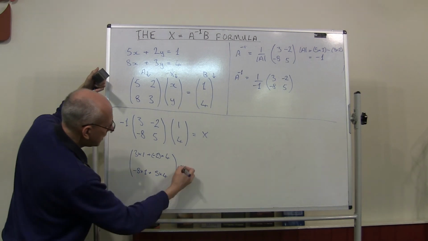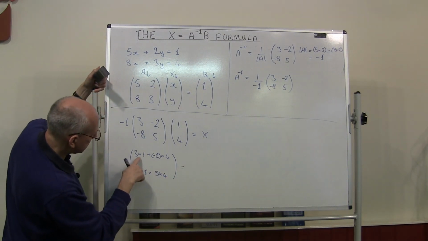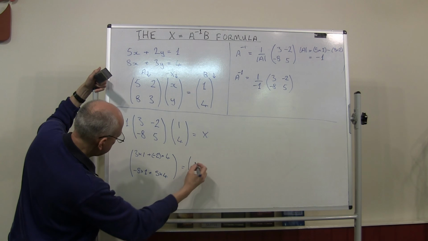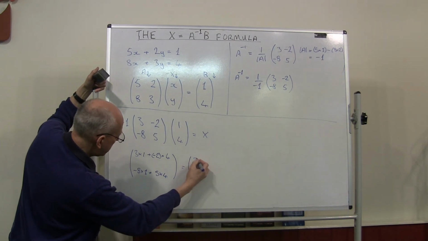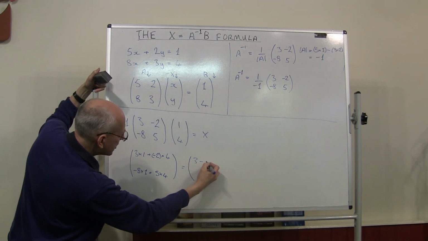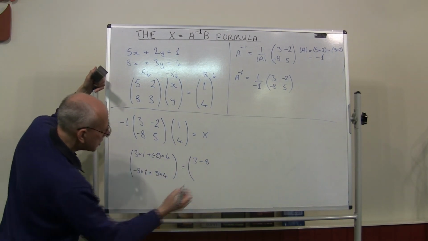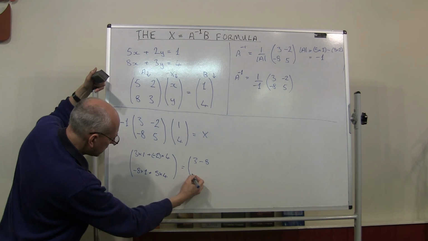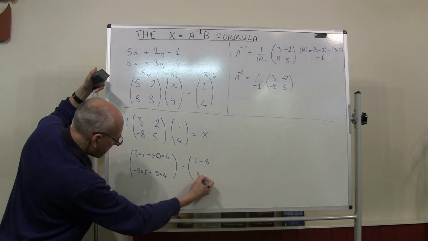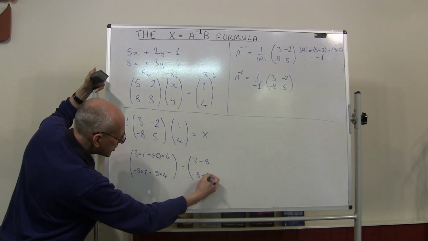Which gives me, let's have a look. I'm going to do all the steps because I easily go wrong, as you know. 3 minus 8. Minus 2 times 4 is minus 8. And then minus 8 plus 20.